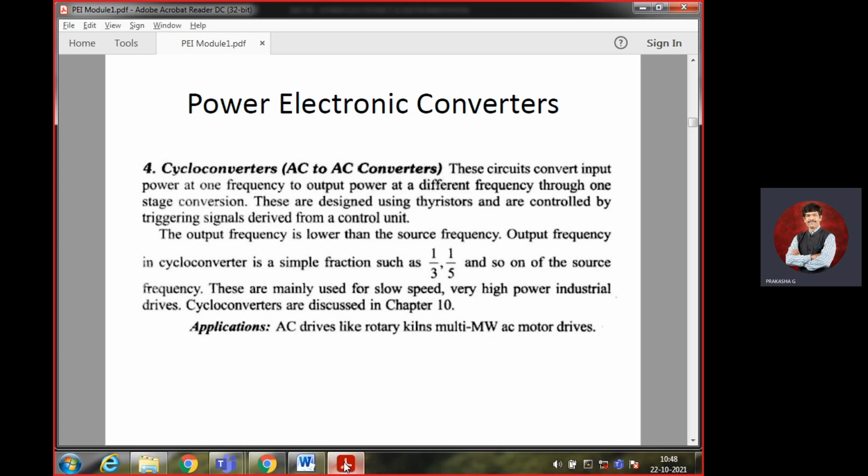See here, the regulator will have positions 1, 2, 3, 4, 5, like this. Correct? And this is 0, or maybe off. When you put it off, it means resistance is very, very high. That's why there is no current flow. When the resistance is very, very high, infinity, current will not flow.